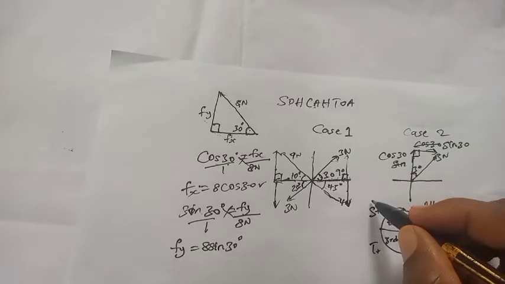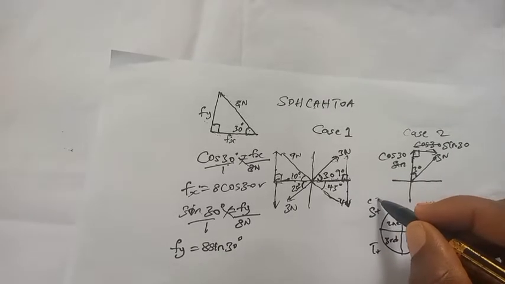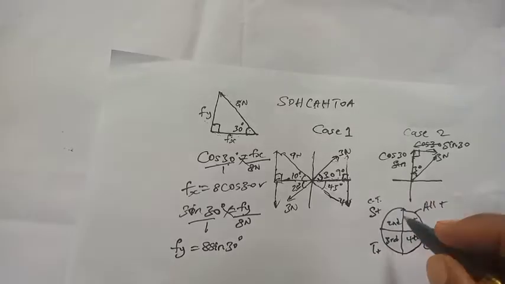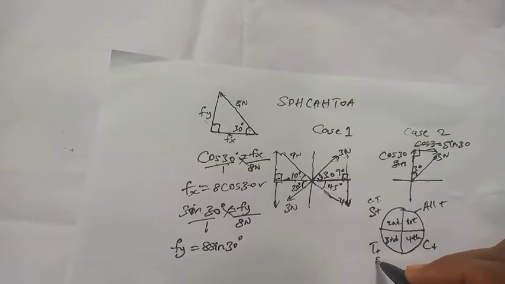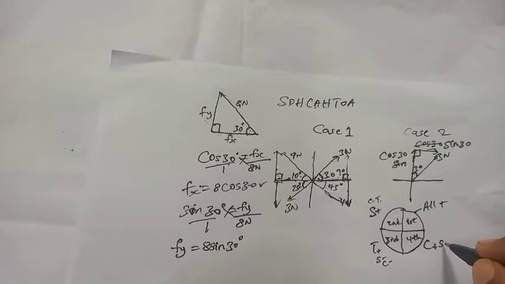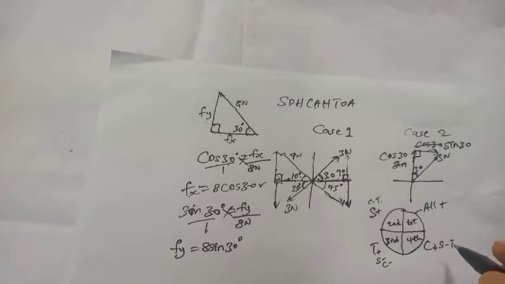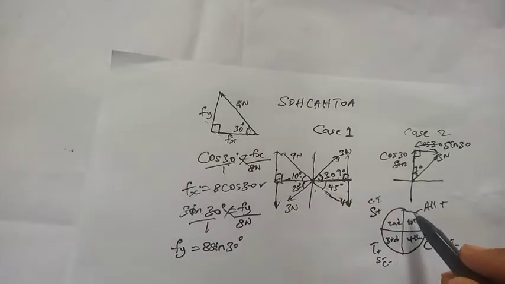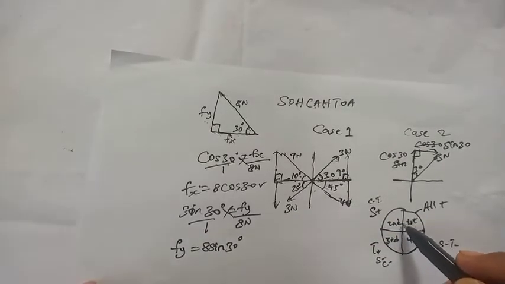In the next quadrant, cosine and tan are negative. In this quadrant, sine and cos are negative. In this quadrant, sine and tan are both negative.